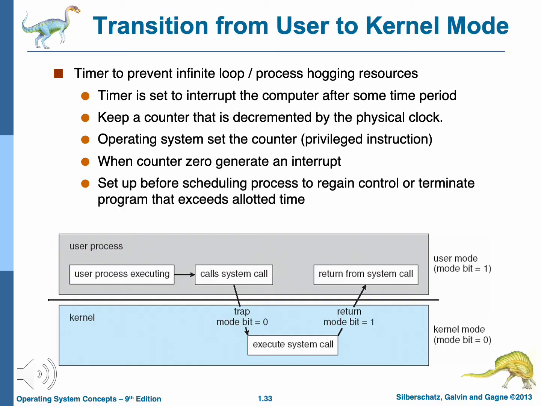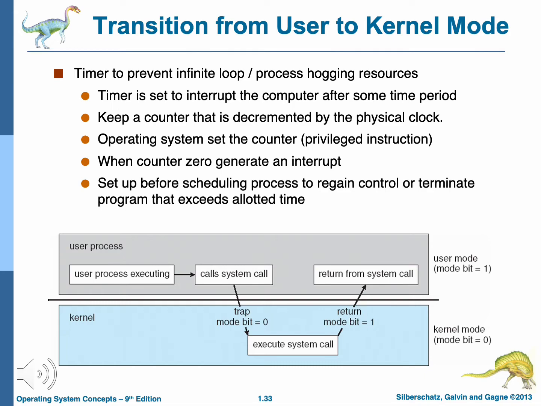Clearly, instructions that modify the content of the timer are privileged. We can use the timer to prevent a user program from running too long. A simple technique is to initialize a counter with the amount of time that a program is allowed to run. A program with a 7-minute time limit, for example, would have its counter initialized to 420.